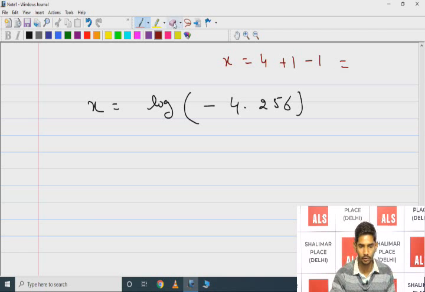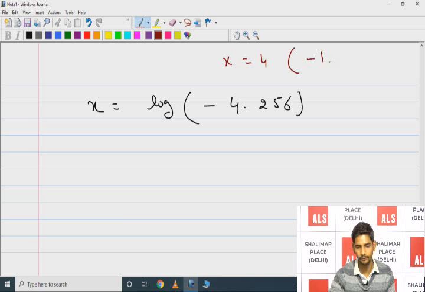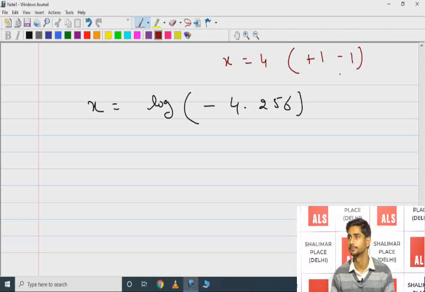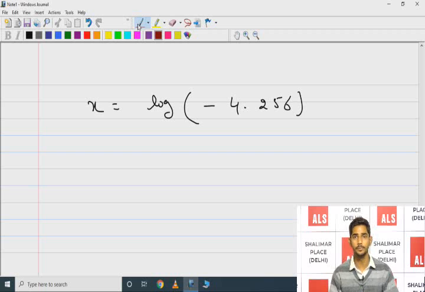Initially the value of x is 4, now I have to add 1 and subtract 1. What will be the change in x? No change. So if I add 1 and subtract 1, then obviously there must be no change in this one.